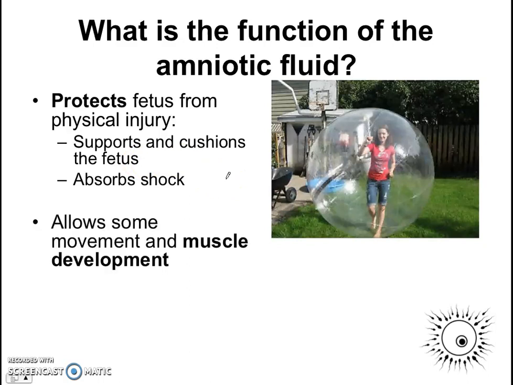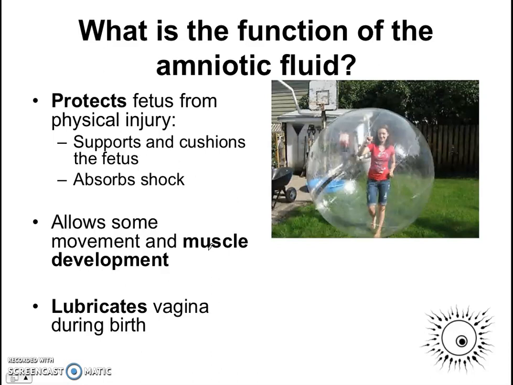But of course, because it's a space with some fluid, the fetus is able to move around inside the amniotic sac. The fluid is not solid, it's fluid, so that the fetus can move around. And this allows the fetus to have some form of muscle development. And of course, during delivery, during labor, when the pregnant woman is delivering the baby, the amniotic sac bursts.